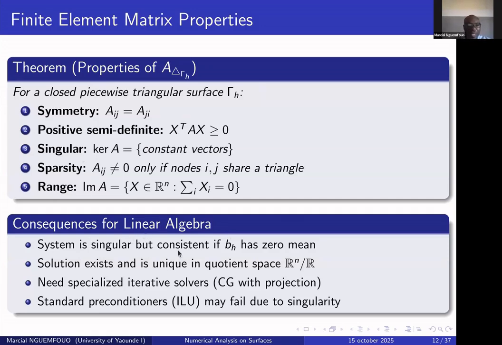The consequence for linear algebra is that our system is singular, but consistent if B H has zero mean, to ensure the uniqueness of the solution. The solution is found in the quotient space and needs a specialized iterative solver, conjugate gradient with some projection, and the standard ILU preconditioner may fail due to the singularity.